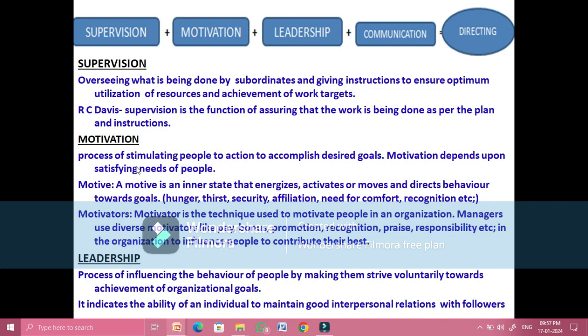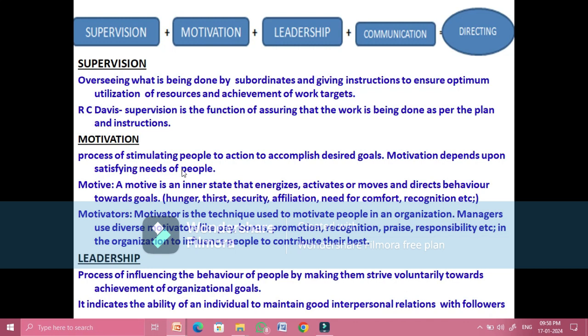Under this we can see the actual definition of motivation: it is a process of stimulating people to action to accomplish desired goals. Motivation depends upon satisfying the needs of people.